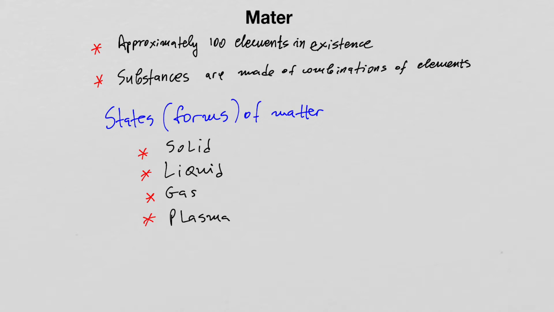I will discuss each of those states separately, but before I start a discussion of the properties of solids, liquids, gases, and plasma, let's first talk about the building blocks of matter.